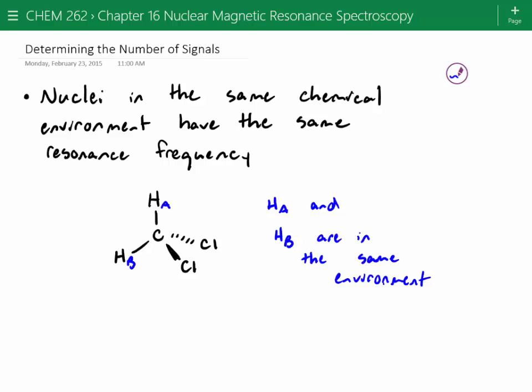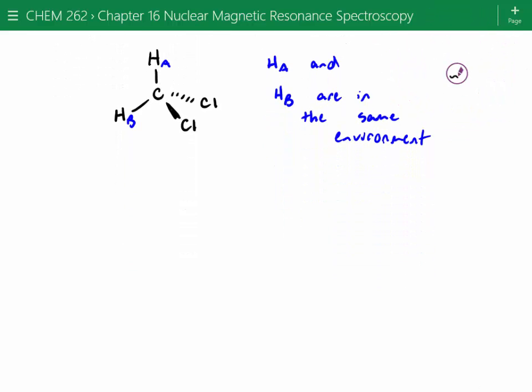All right, let's do another one. This time what I'm going to do is I'm going to look at an ether. So this is dimethyl ether. And what I'm going to do is I'm going to make a really quick model of what's going on here.